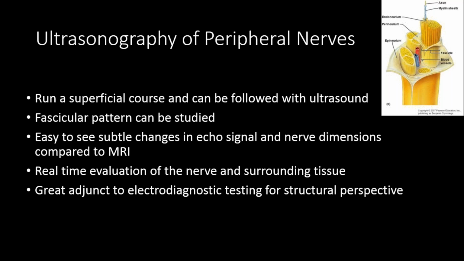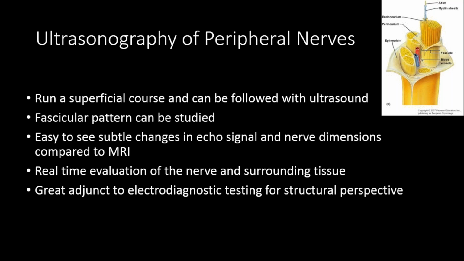Compared to MRI, with ultrasound, you can see subtle changes in echo signal or echo texture, or notice the nerve dimension changes, and sometimes these subtle changes signal early compression neuropathy, which is sometimes missed with electrodiagnostic studies, EMG studies. So ultrasound is great in cases like that.